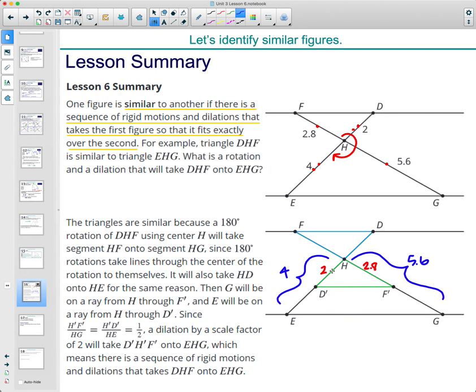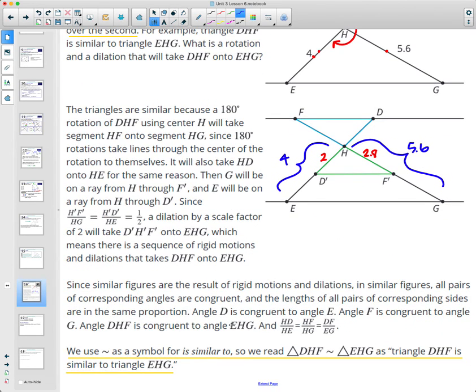Or you could dilate the green triangle by a scale factor of 2, doubling this, because if we double 2, it will be 4. So D prime will land on E, F prime will land on G. Then they are the exact triangle. So a rigid motion of a rotation and a dilation will make the two triangles land right on top of each other.